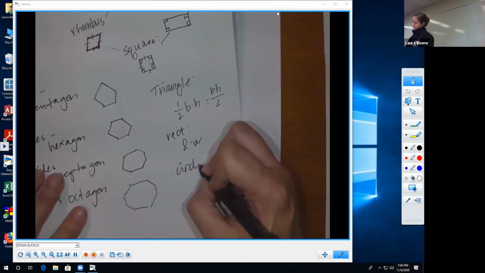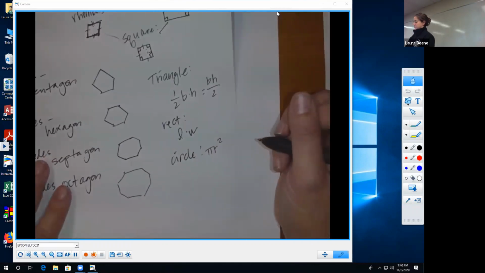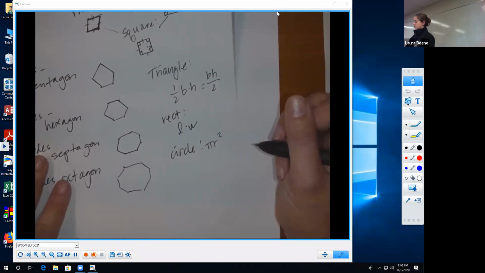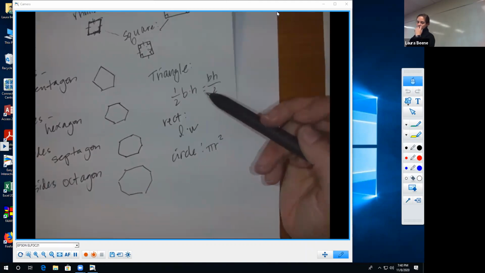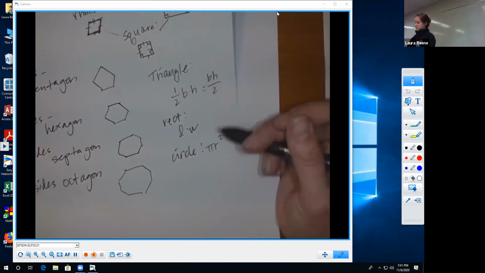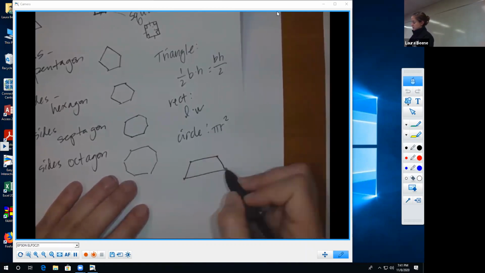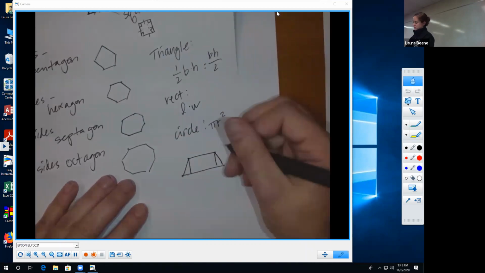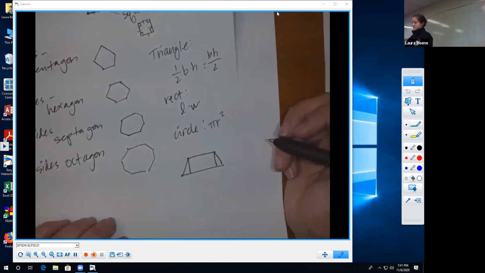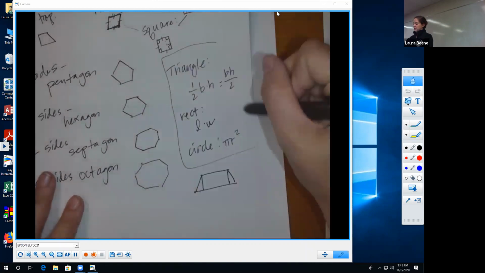Circle is pi r squared. I think honestly everything else you can break up into either rectangles or triangles. Even if you had a trapezoid, there is a formula for a trapezoid, but worst case scenario, if you can't remember the formula, you can always break it up into a rectangle and two triangles. So these are the three main ones to remember.